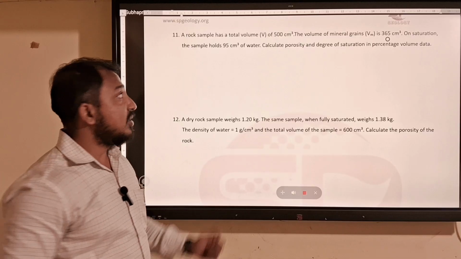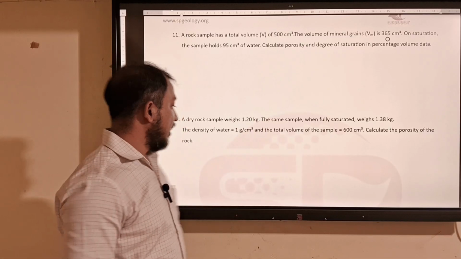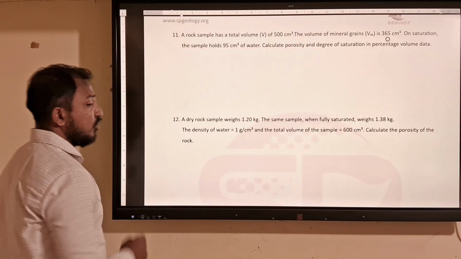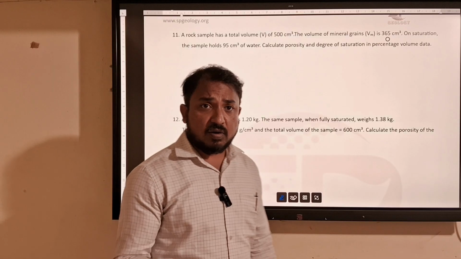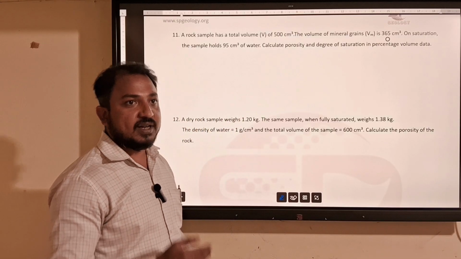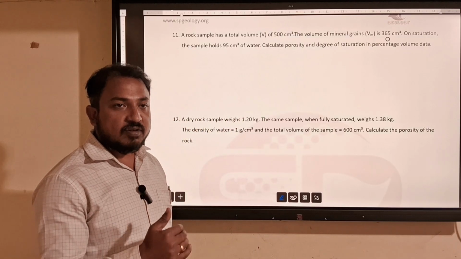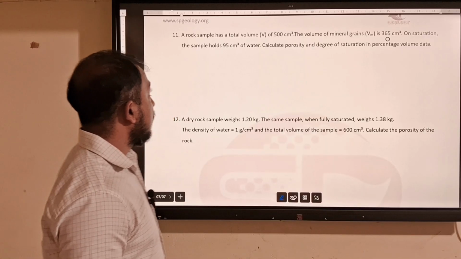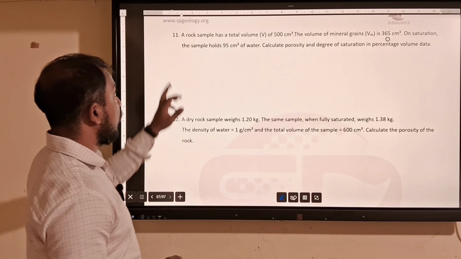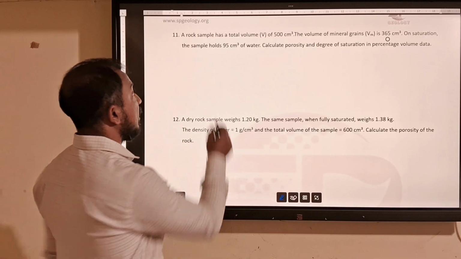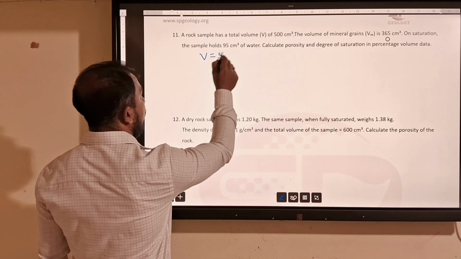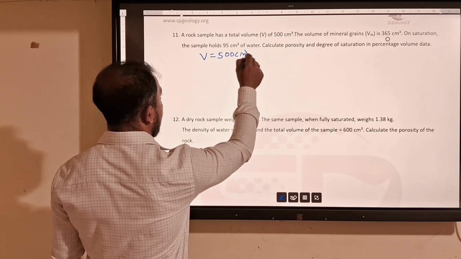So next, let's move to another question. It is from porosity. You know porosity is the number of pore spaces within a rock. You can calculate the porosity by taking the volume of pore space by total volume times 100. Now let's see what is given. A rock sample has a total volume of 500 centimeter cube.